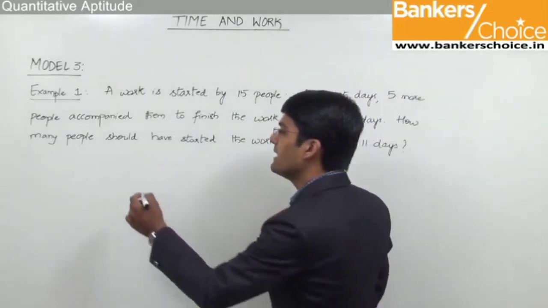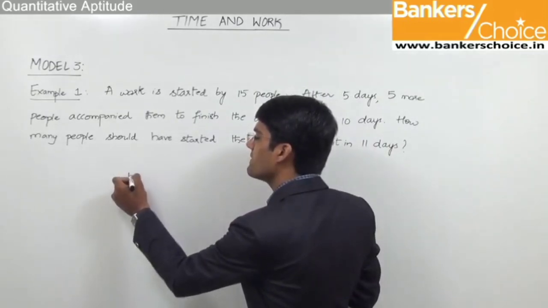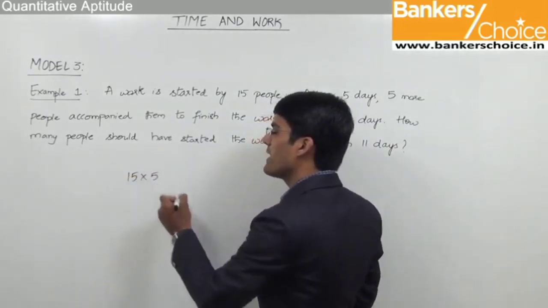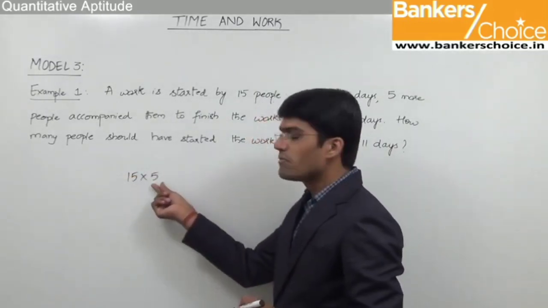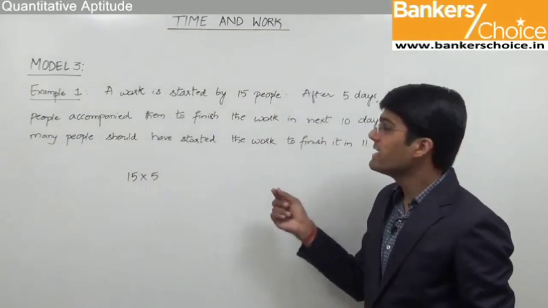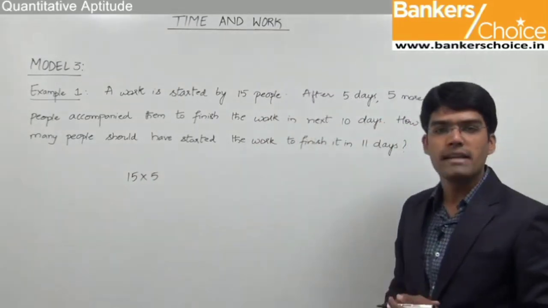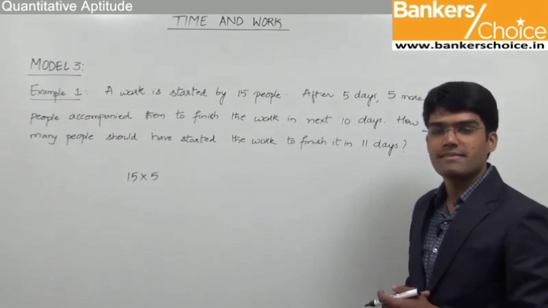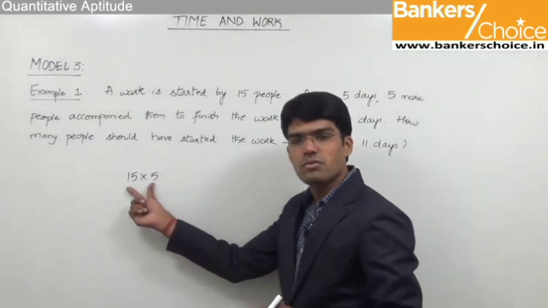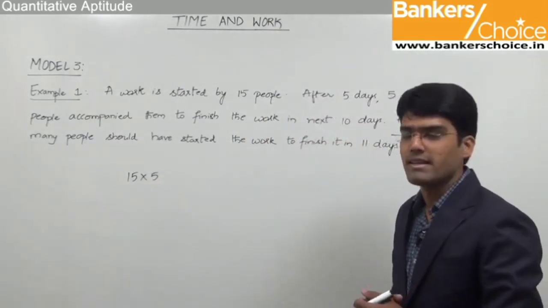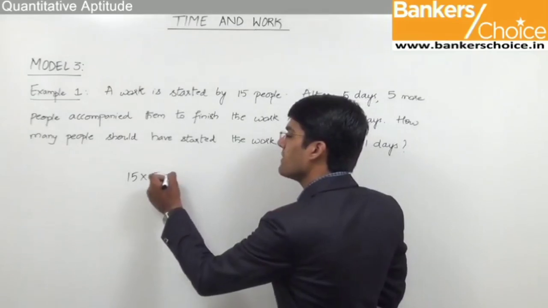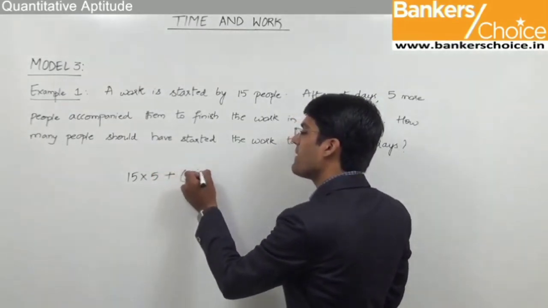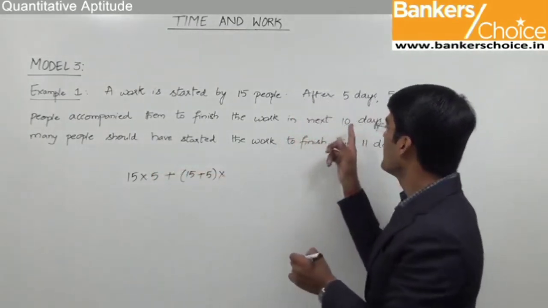So we can say that the work done in the first 5 days will be 15 men into 5. After 5 days, 5 more people accompanied them to finish the work in the next 10 days. So after finishing this much work, that is 15 into 5 men days, the remaining work was finished by 15 plus 5 people in the next 10 days.